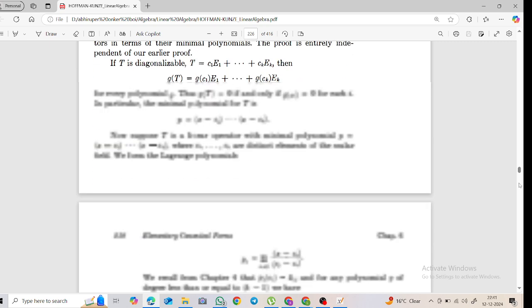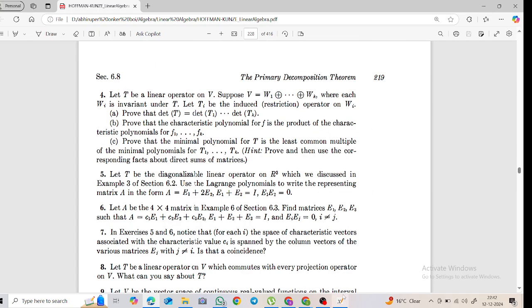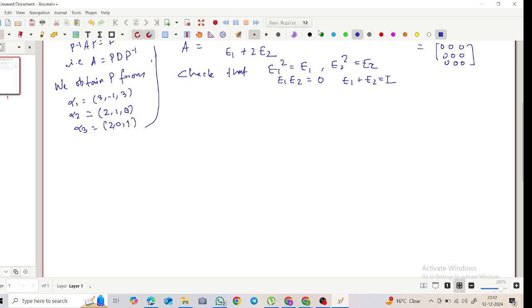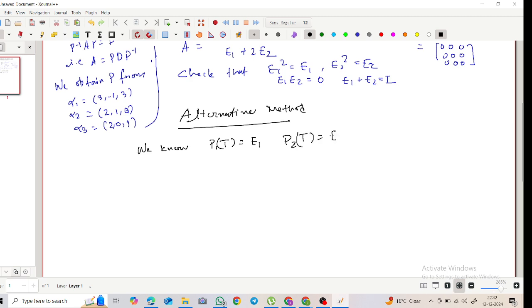So the alternative method is, we know that P1T is E1 and P2T is E2, right?